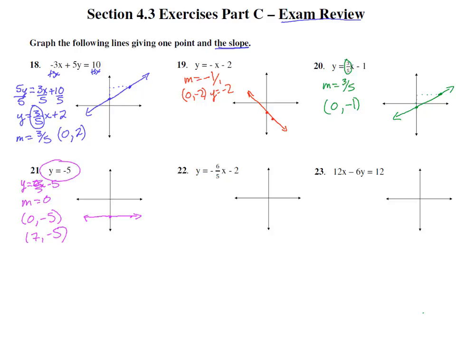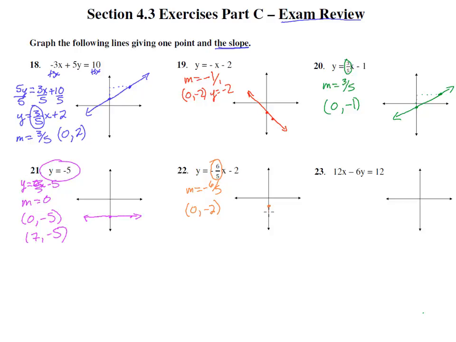All right, number 22. Let's try this one. Y is by itself. That's nice. That's happy. Then the slope is right there. The slope is negative 6/5. And so 0, good. 0 in for x, negative 6/5 times 0, gone. And here's the intercept, minus 2. So 0, negative 2 is right here, and it has a slope of negative 6/5.